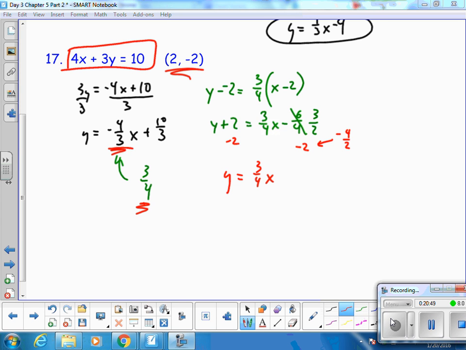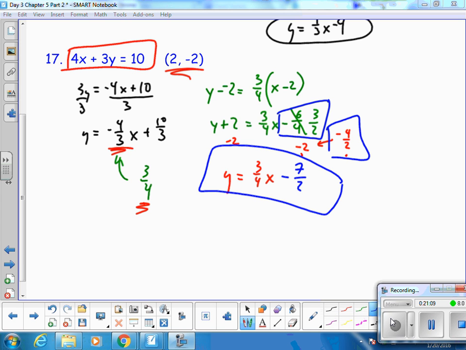I subtracted 2 from both sides and I turned it into negative 4/2, just so I keep track of my fractions. So right now I am at negative 3/2 minus 4/2, so I'm going to get minus 7/2. I can leave it like that if I want. And there's my equation. y equals 3/4 x minus 7/2.